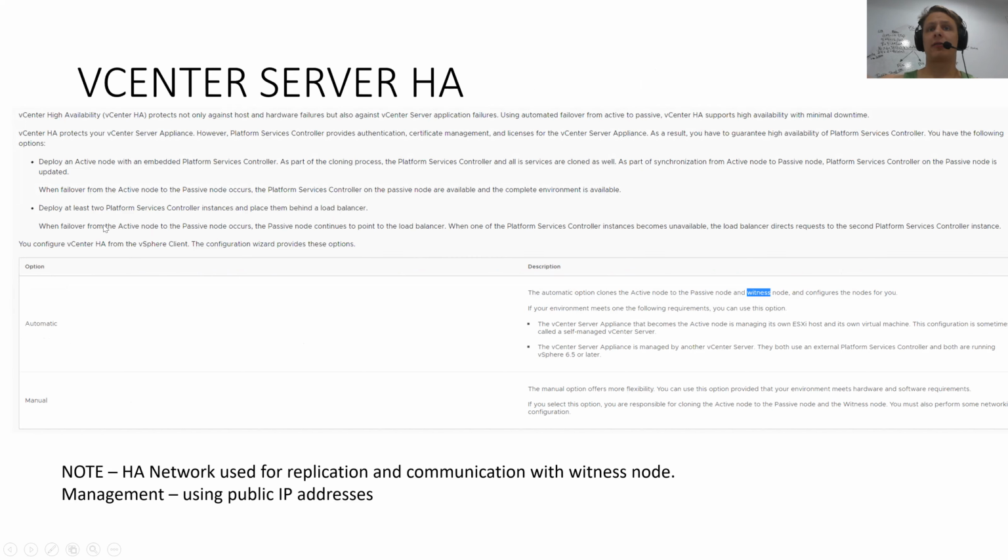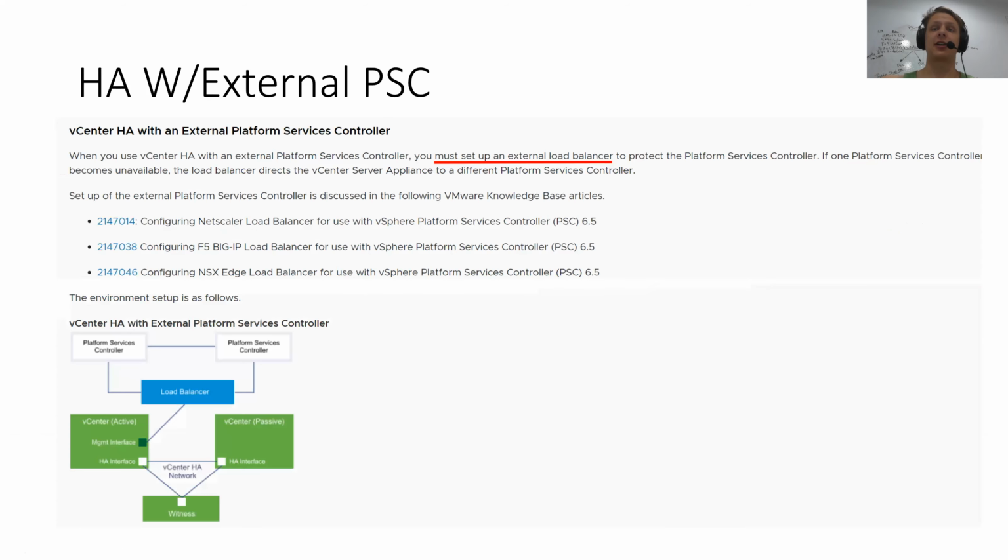When the failover occurs, the active becomes the passive, and the passive becomes the active node. And you need to know that the HA network is used for replication and communication between the witness node. And then, as you would expect, the management is using a public IP address.